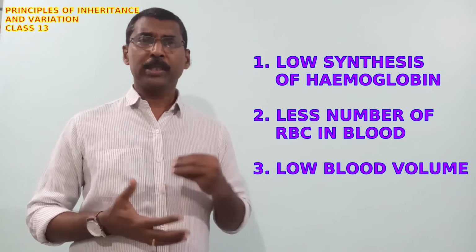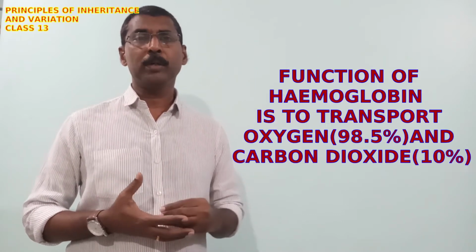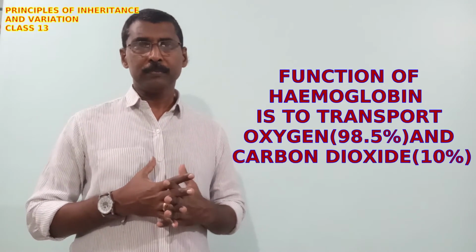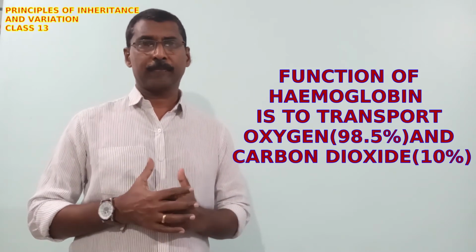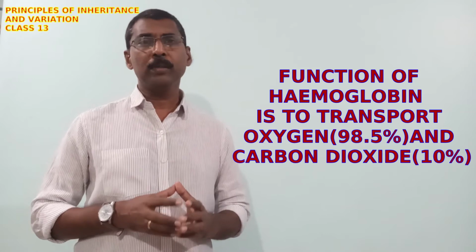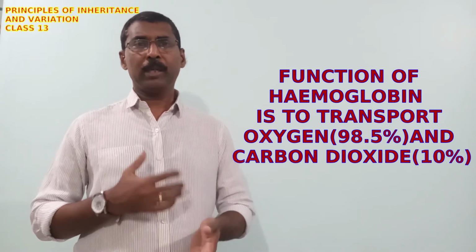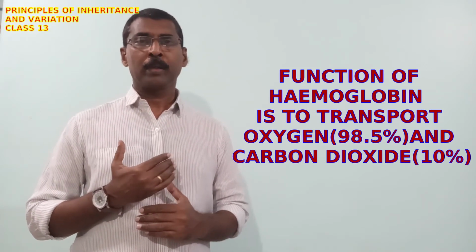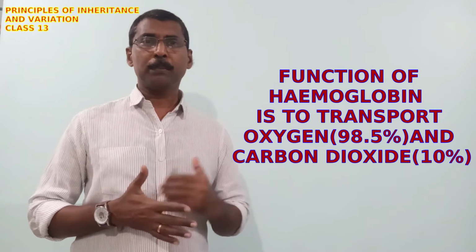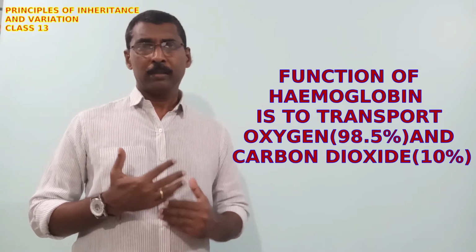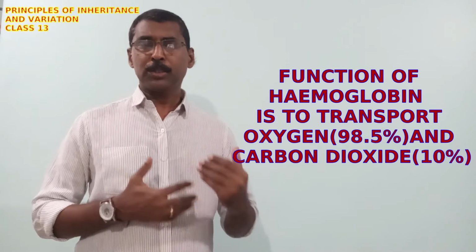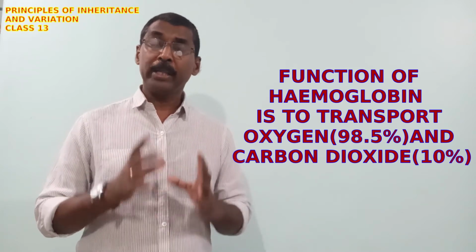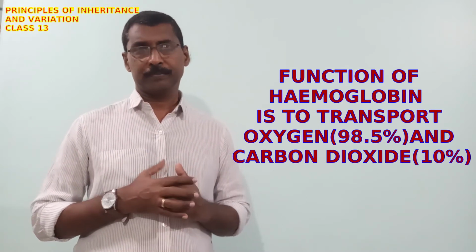The function of hemoglobin is to transport oxygen and, to some extent, carbon dioxide. Transport of these respiratory gases is the major function of hemoglobin. So when the amount of hemoglobin becomes less in the blood, the oxygen carrying capacity of the blood would be reduced. That means cells, tissues and organs would receive an inadequate amount of oxygen.